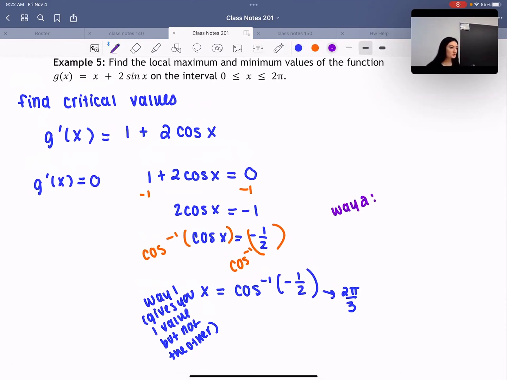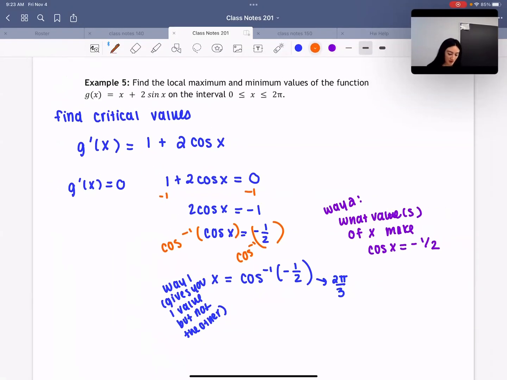Okay, is to just think about what value or values of x make cosine of x equal to -1/2. Now the way I like to think of it is the unit circle, right?